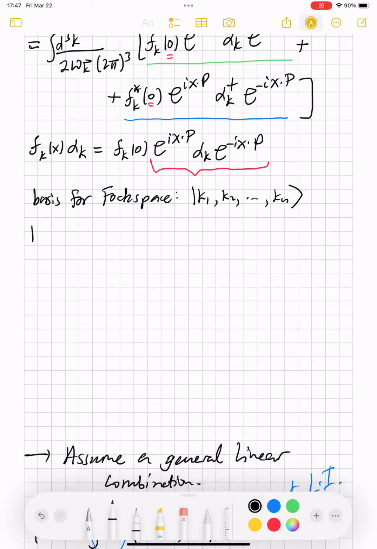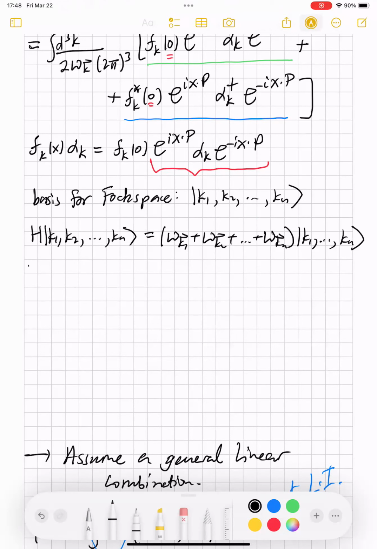Well, if I take the Hamiltonian and act on this state, it just gives me the sum of energies: omega k1 plus omega k2, and so on up to omega kn, times the state.